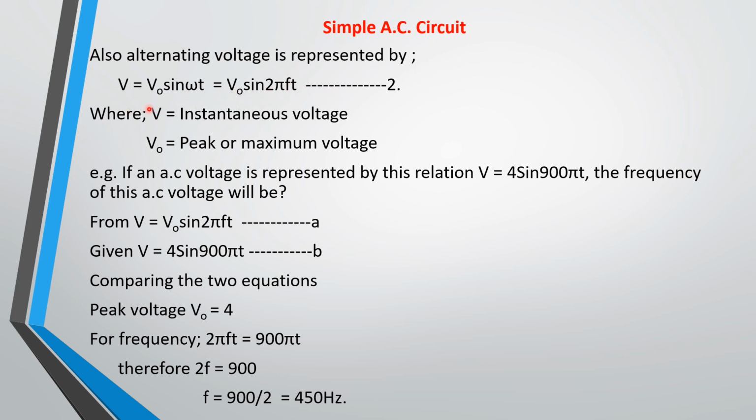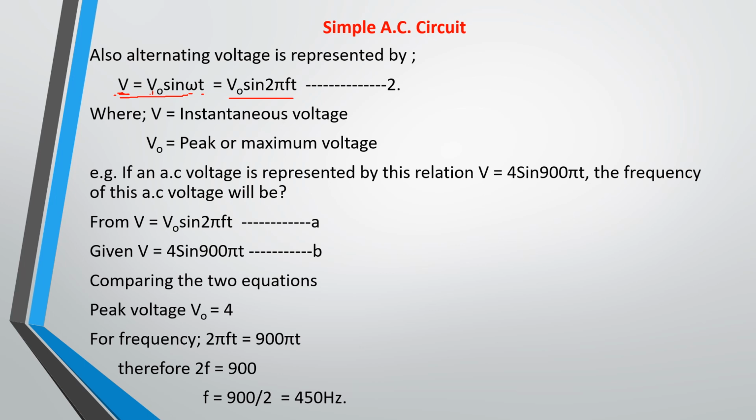So alternating voltage can be represented by these two equations. Just like for the current, this is the instantaneous voltage, and this is the peak or maximum voltage. This is your angular velocity, that is the time, and this is the phase angle.